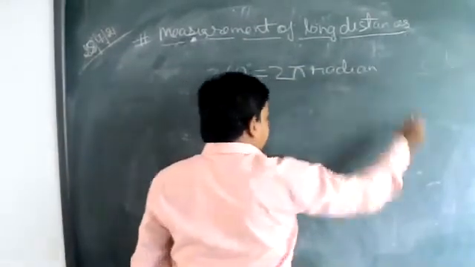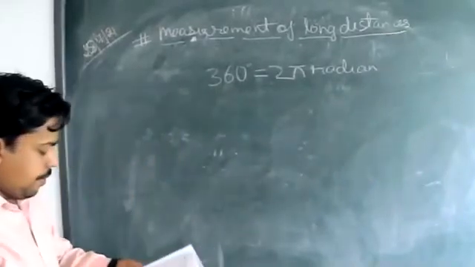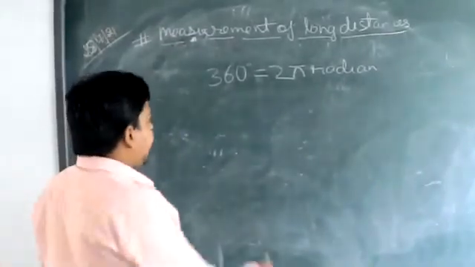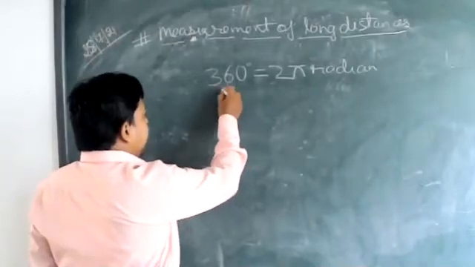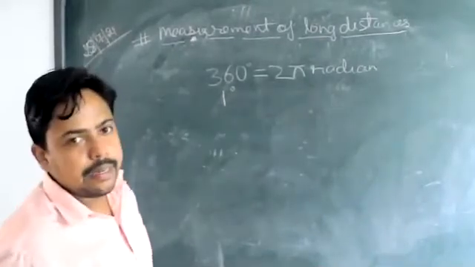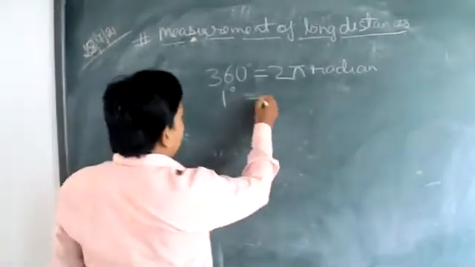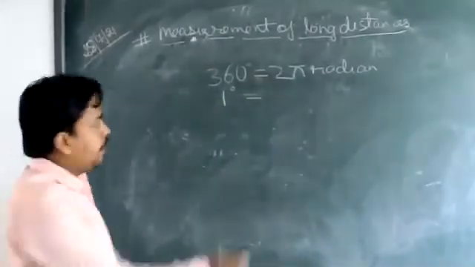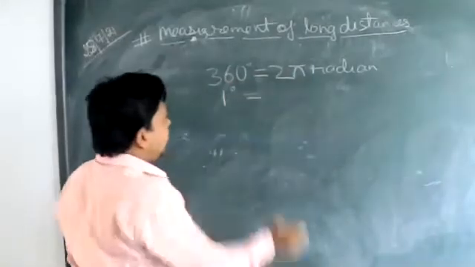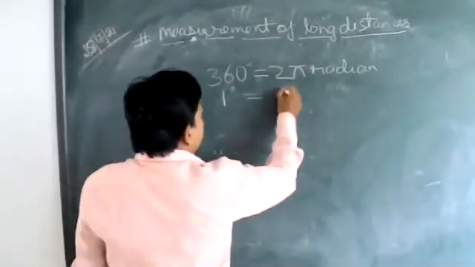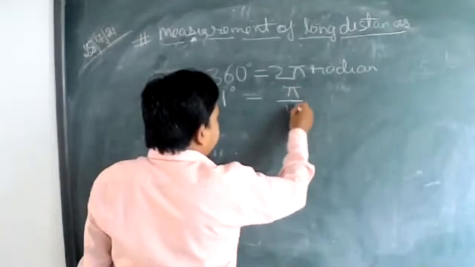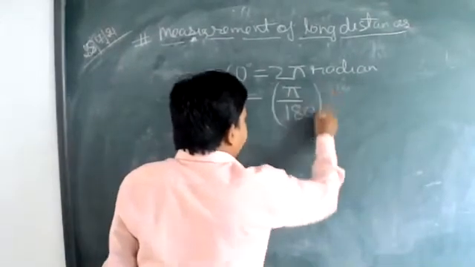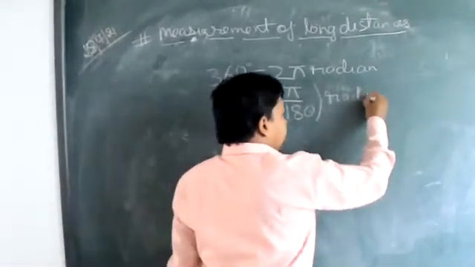And if 1 degree is given to you, how many radian will there be? This 2 pi will be divided by 360. If 360 degree is equal to 2 pi radian, then 1 degree is equal to pi upon 180 radian. This you need to remember.